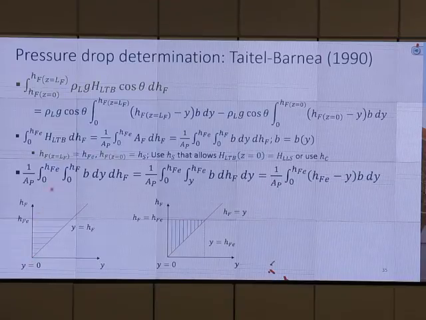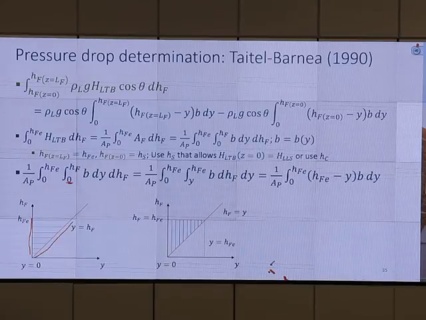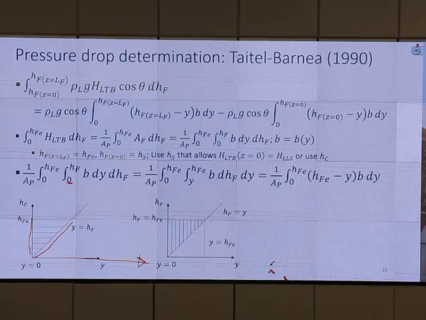We integrate from y equal to 0, this line, our lower limit, to y equal to hf, which is this line. And this integration is bounded by hf equal to 0, which is this horizontal line, and hf equal to hfe, which is this line.